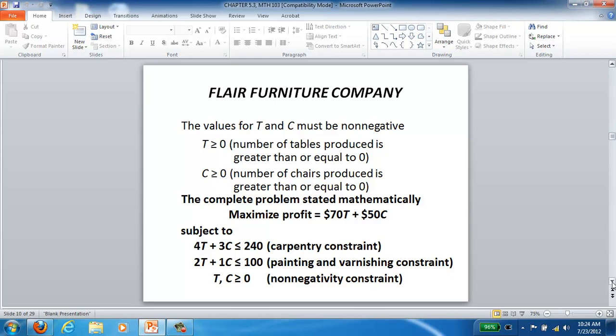The complete solution is that our objective equation, maximizing profit, is equal to 70T plus 50C, subject to the following. Carpentry constraint 4T plus 3C less than or equal to 240, 2T plus C less than or equal to 100, and both T and C must be greater than or equal to 0.